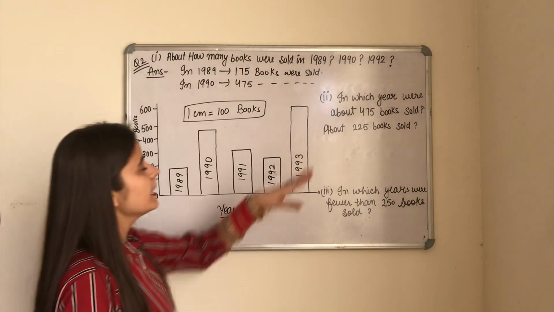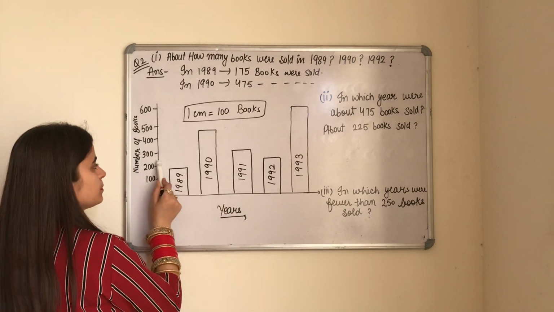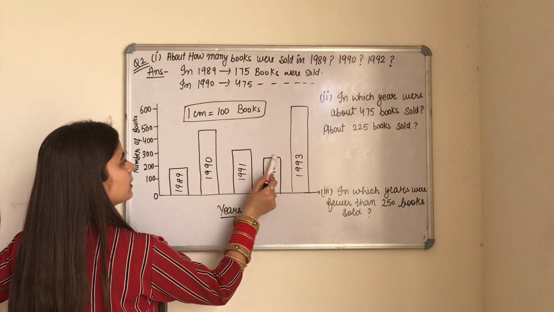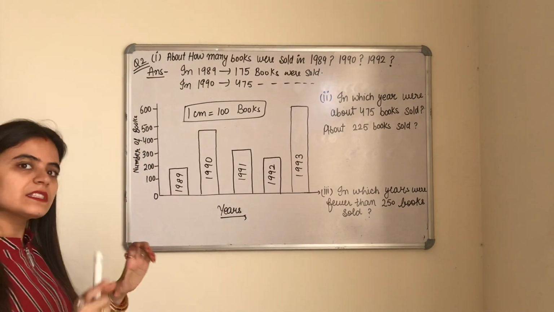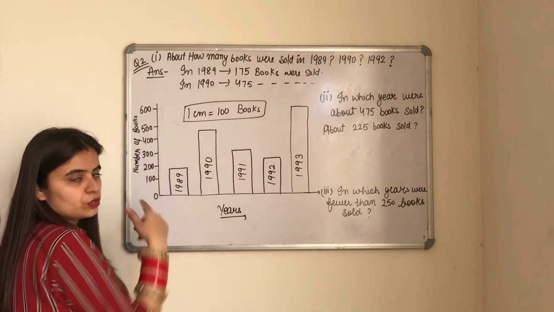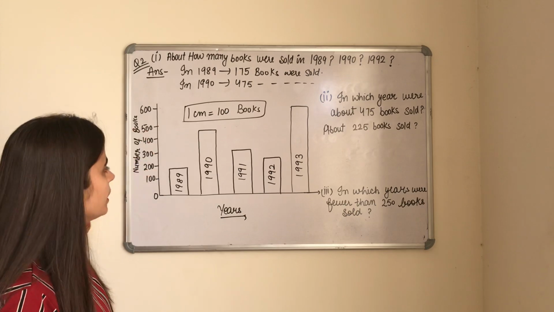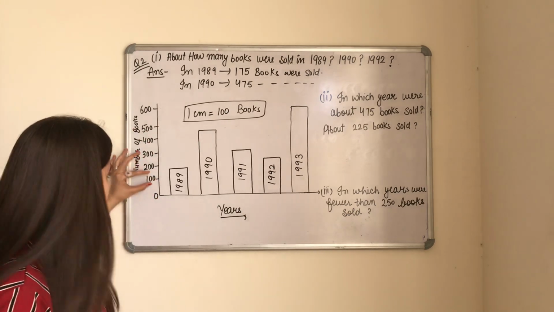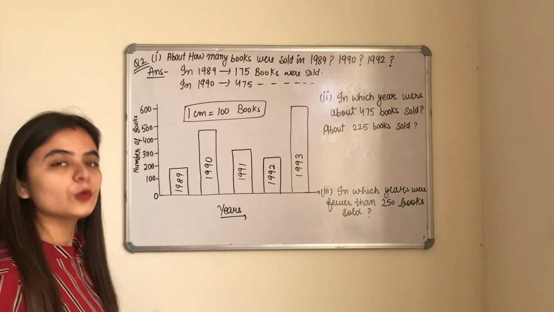Next is 1992. In 1992, this bar is going up to here. It is a little above 200, which means 1/4 of the unit, because it is not even half, it is a little less. So we are taking it as 1/4. 1 unit is 100, so 100 plus 100 is 200, and 1/4 of this unit is 25.